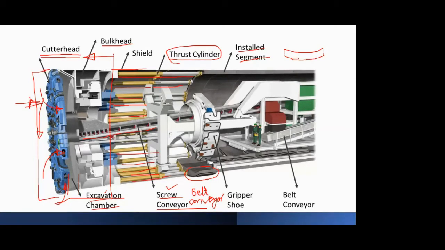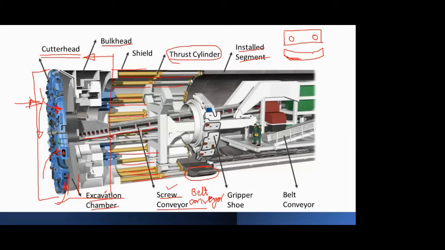Such is the shape of the segment. If I say this is the front view, then in the top view it will look like a rectangle itself, and then you'll have some holes in it for grouting purpose.